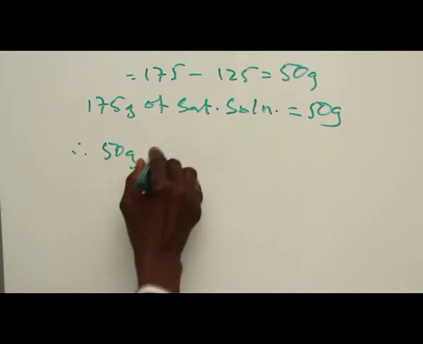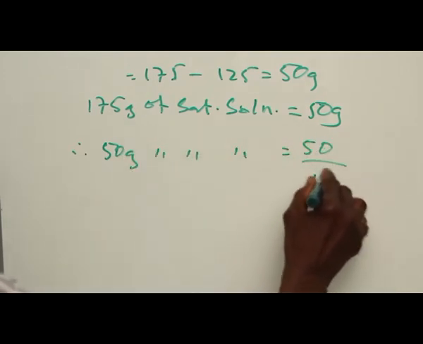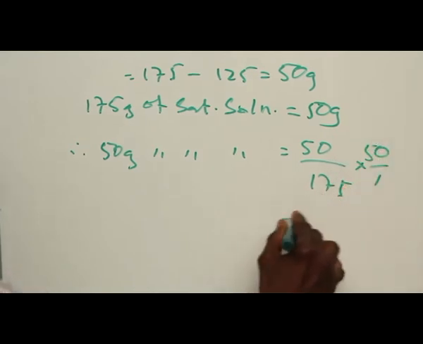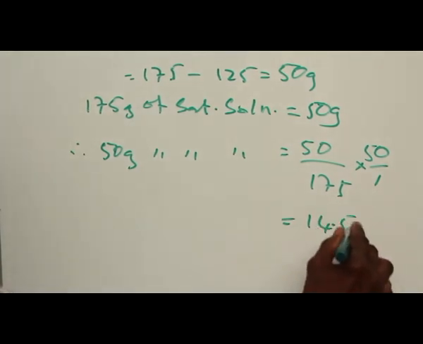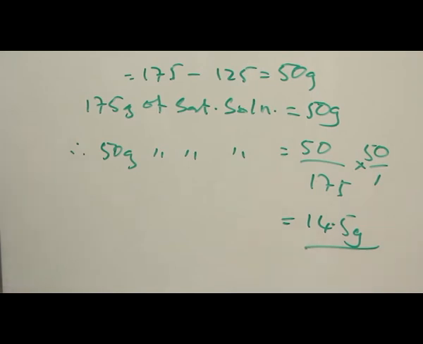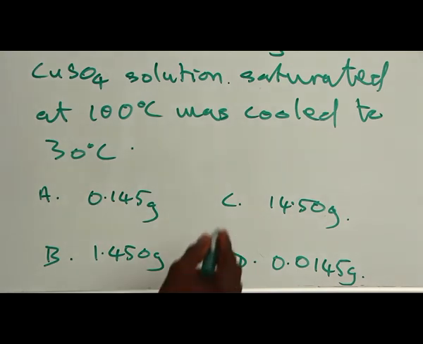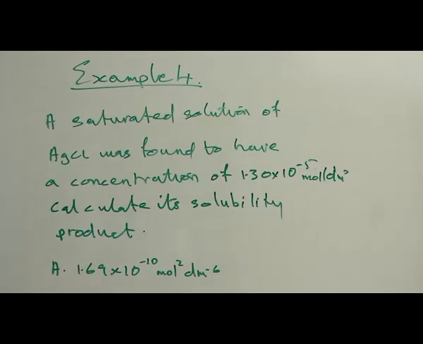Therefore, 50 grams of saturated solution gives us 50 divided by 175 multiplied by 50 over 1. When properly evaluated, it gives us 14.5 grams. So, as seen from the calculation, the correct option is C, 14.50 grams.